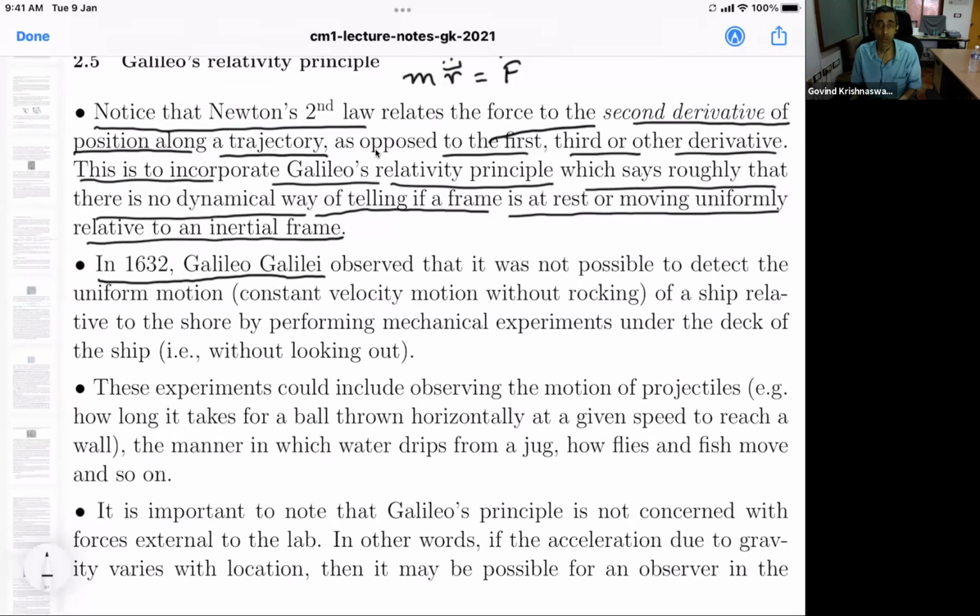It was a book where he presented a discussion between the Ptolemaic and Copernican viewpoints on celestial mechanics, in particular the geocentric and heliocentric models. And in the course of that discussion, he brought up this idea of Galileo's relativity principle.